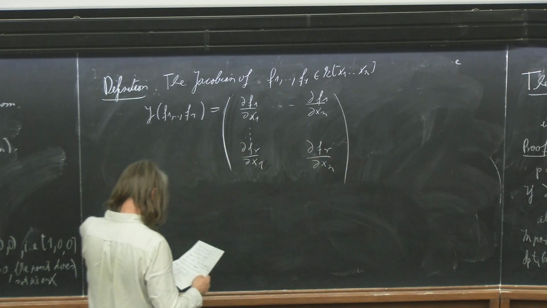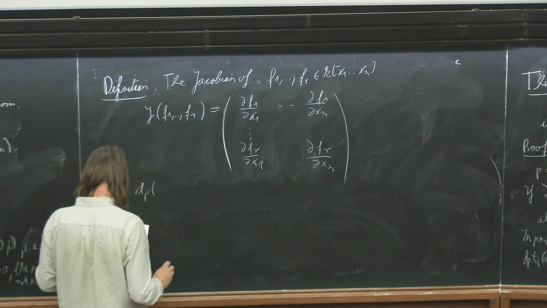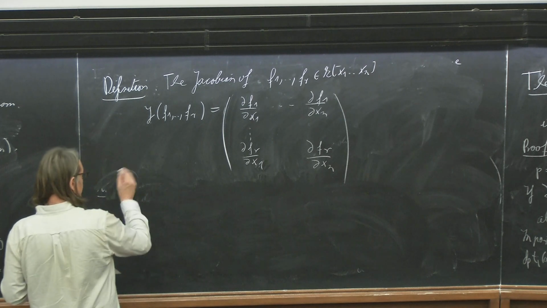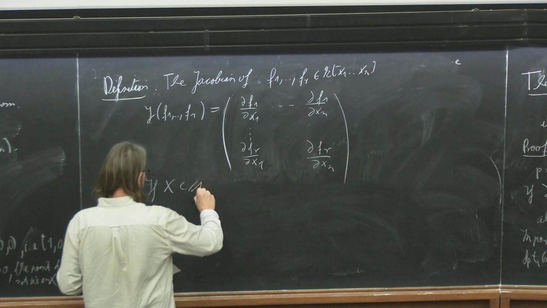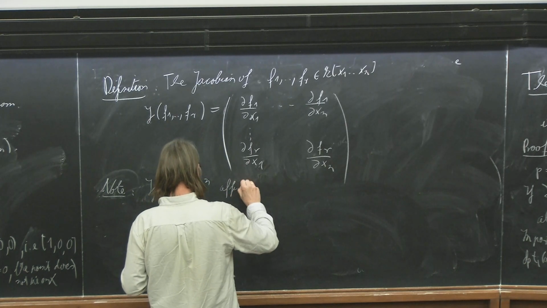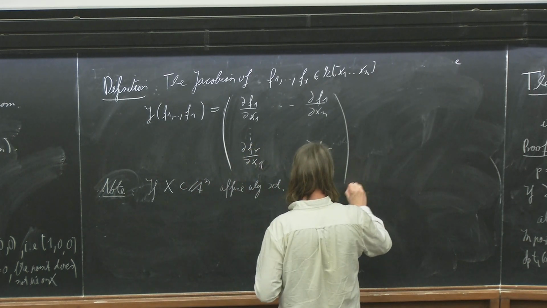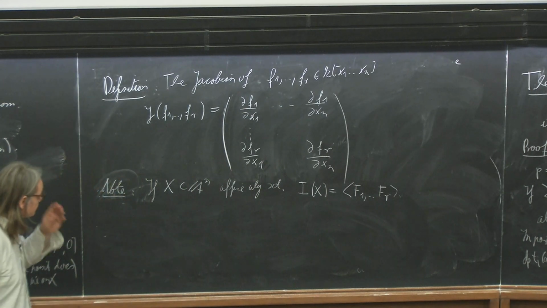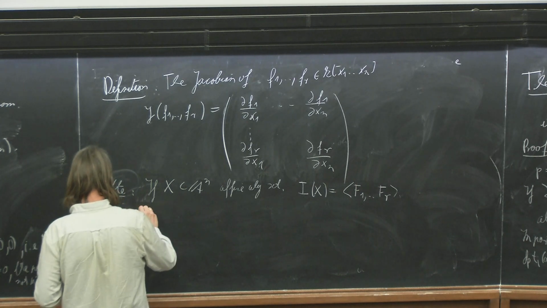This is this matrix, and note we had seen that if X in A^n is an affine algebraic set with the ideal of X given by f1 to fr, then the claim we had, the claim was that the definition was the tangent space.